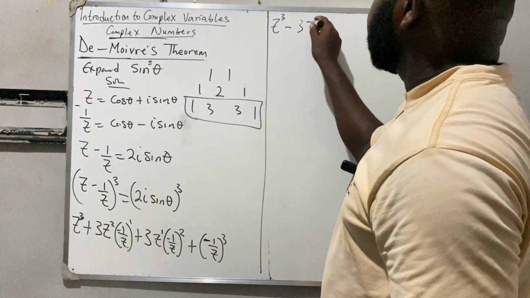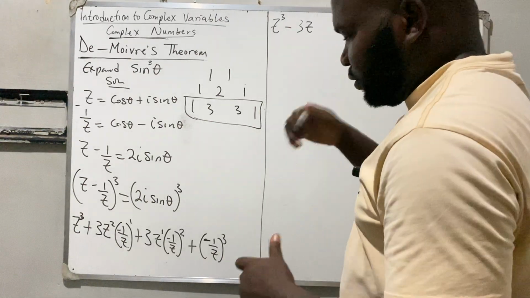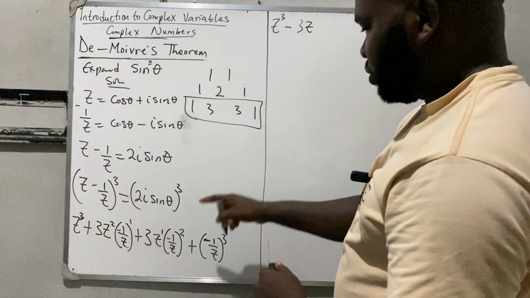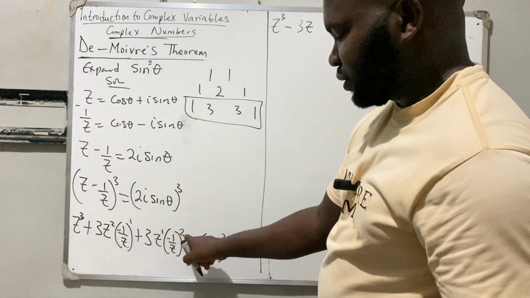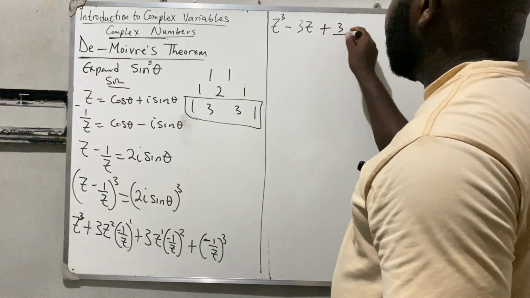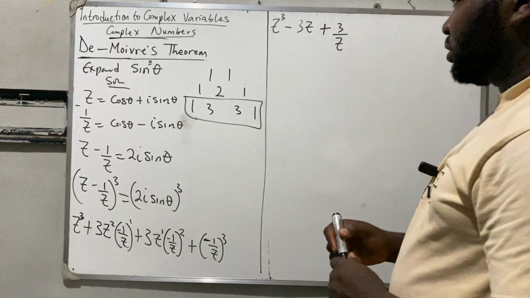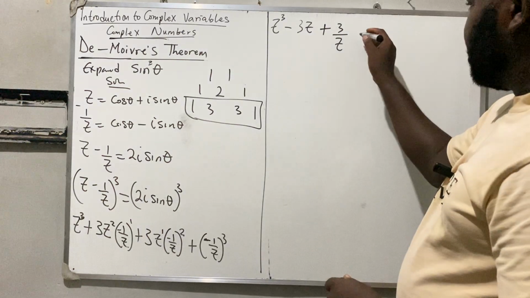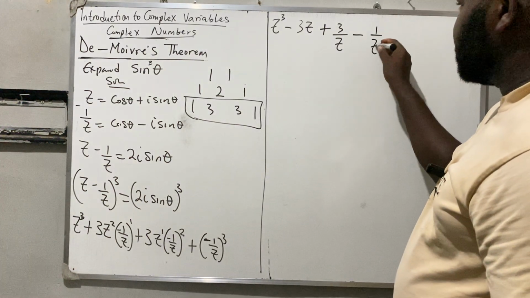So 2 down and 1 up is 1 remaining down. But minus squared is plus, so I am left with plus 3 over z. Then this one will now be minus 1 over z cube.